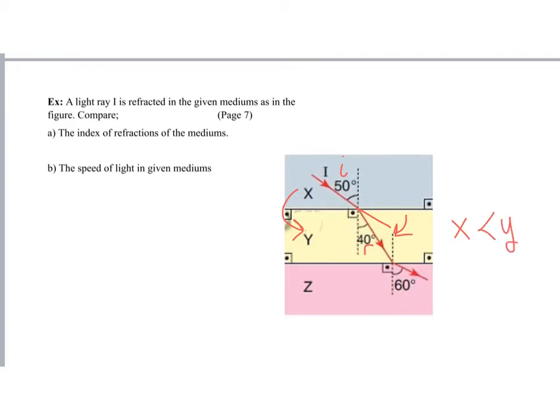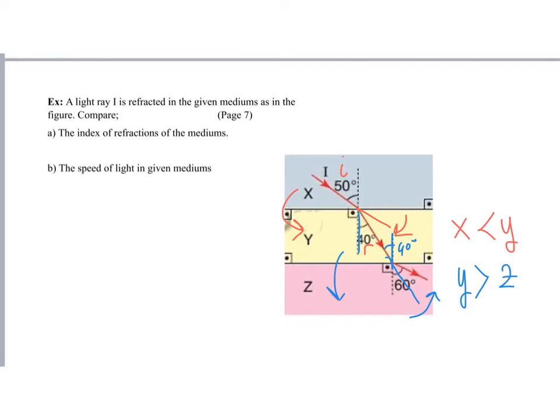Now let's look from y to z. These lines are parallel, so this angle is again 40 degrees. So it should go like this, but bent away from the normal. So the light is coming from a more dense medium to a less dense medium. So y is bigger than z.